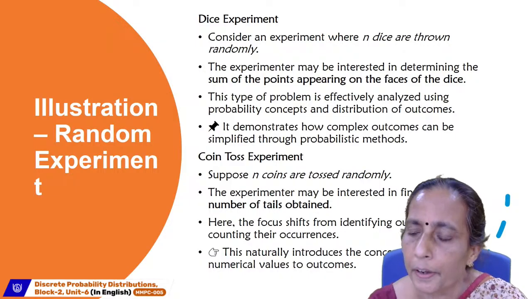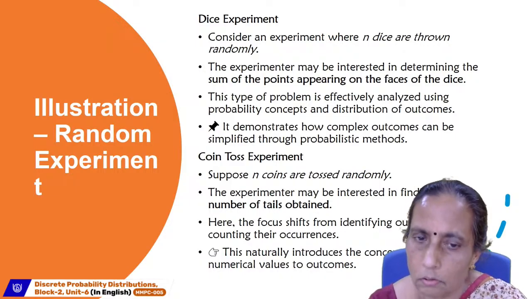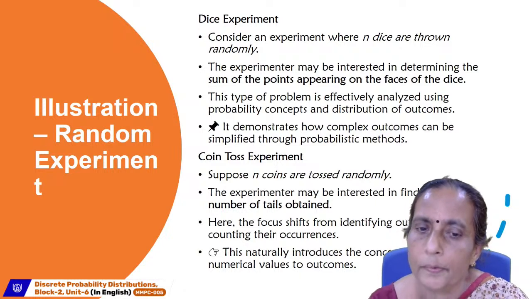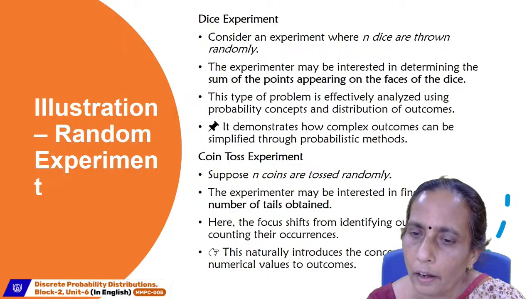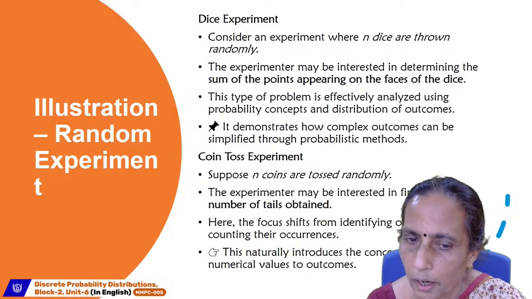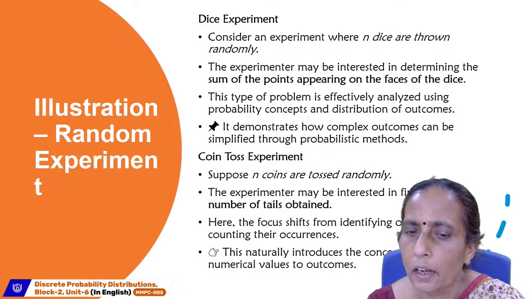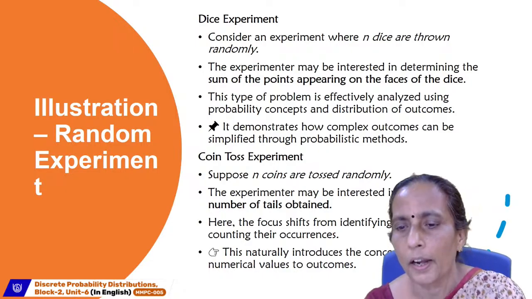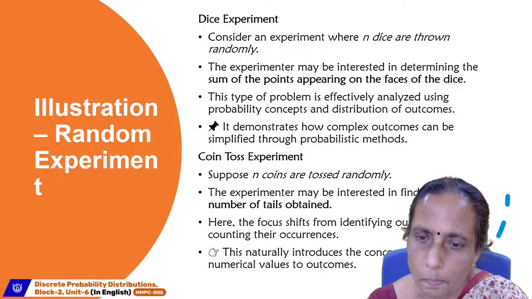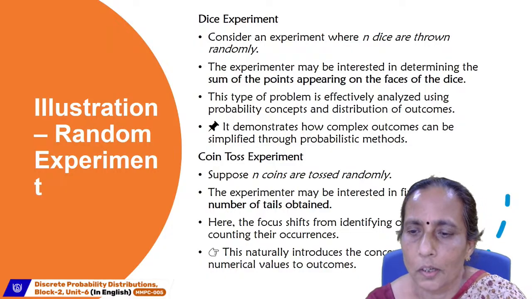Similar is the case when we are tossing a coin. Suppose I toss n coins simultaneously and randomly. In that case, I will get a number of tails and a number of heads in each toss.